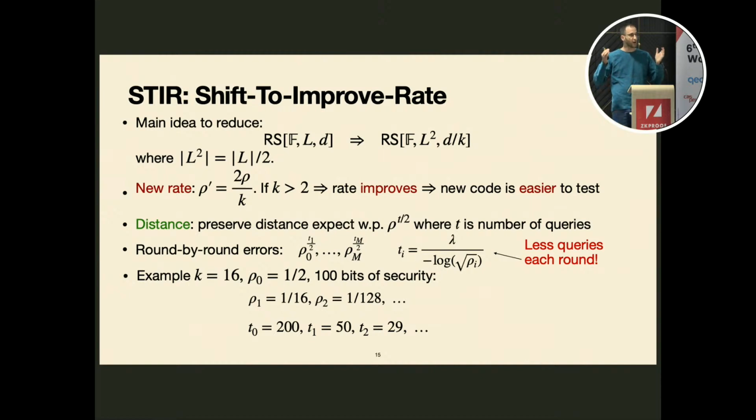Here we have this 200 only in the first round. In the next round, we're going to have t_1, which is only 50, because the rate is 1/16. And in the next round, we're going to have only 29 queries, and so on, and it converges to some number there.